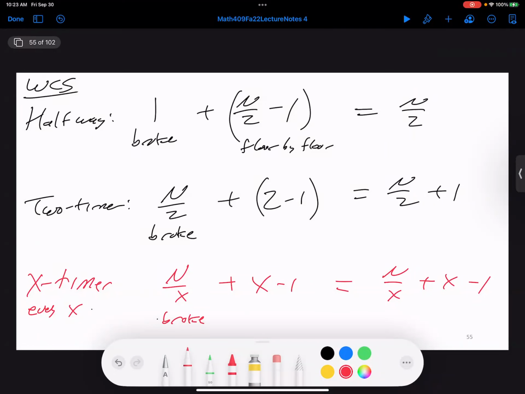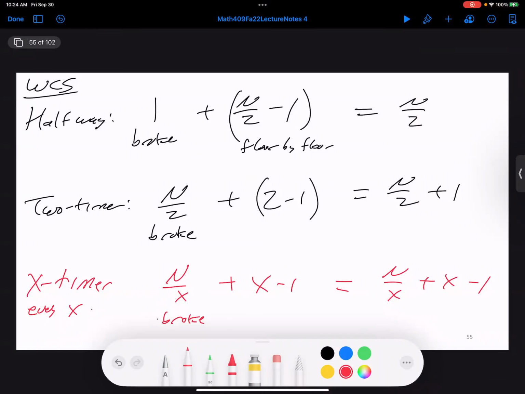We've looked at x equals 2, and we've looked at x equals n halves. Where did we look at x equals n? Okay. Yeah, right. Because I've got to view the one as n halves. So the X-timer is n over x plus x minus 1.